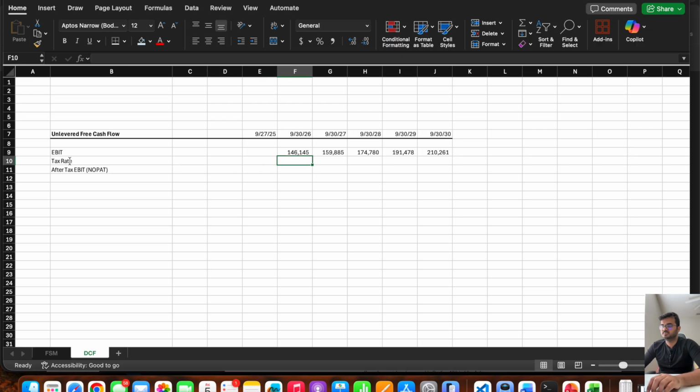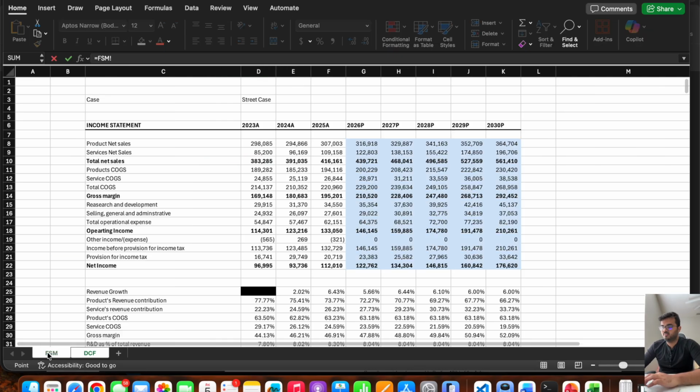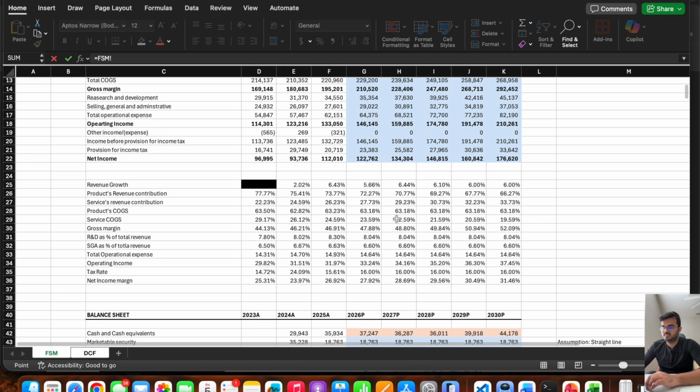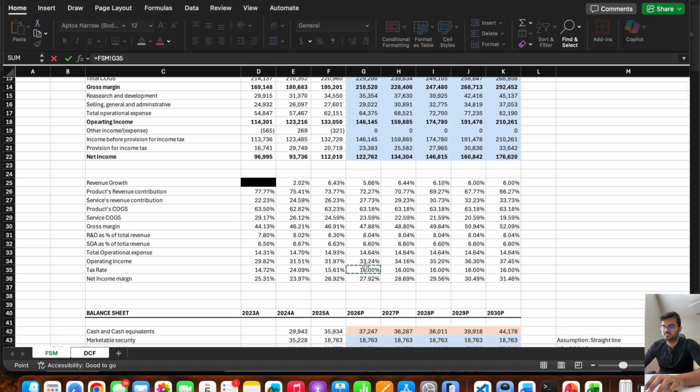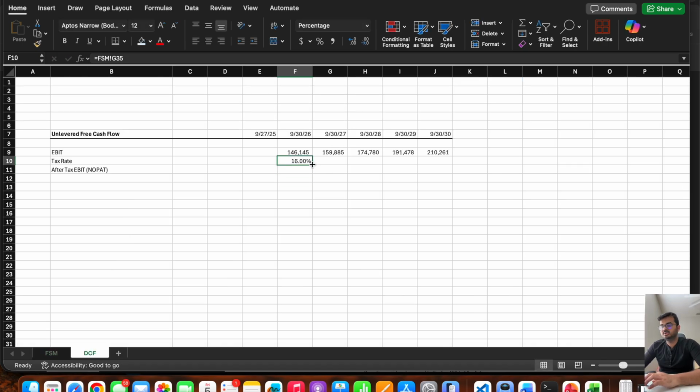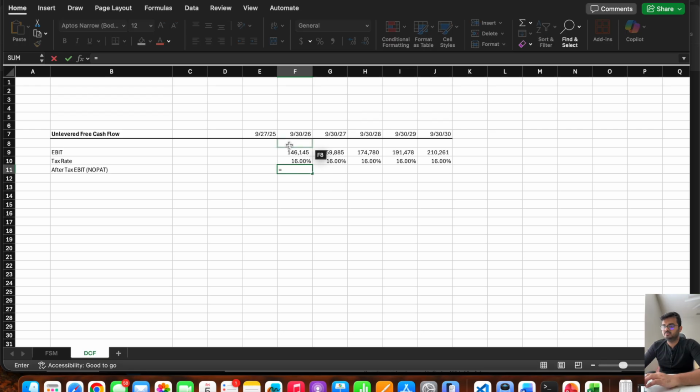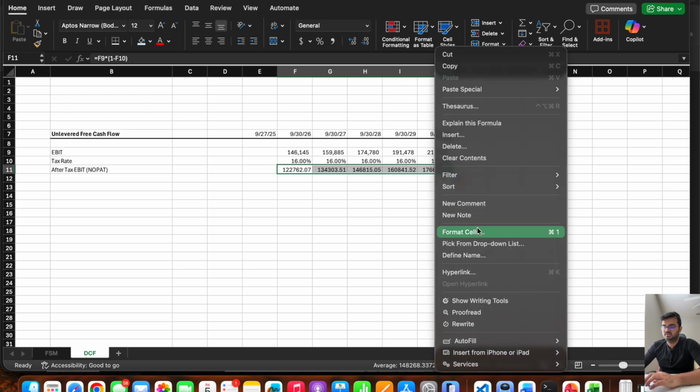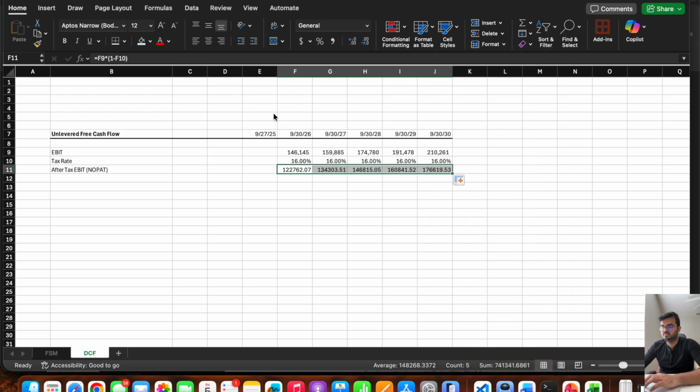We already know from here the assumed tax rate for Apple for the next 5 years. Then we can subtract this tax from this number. So now we get the value of this. To be consistent, I will use the formatting.